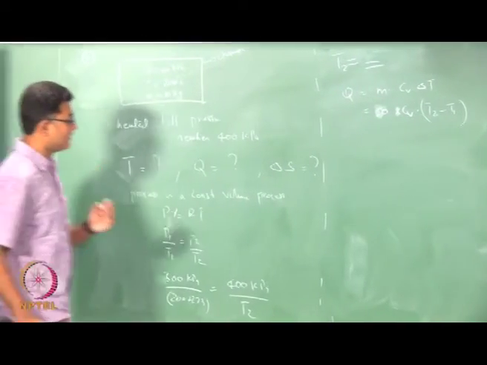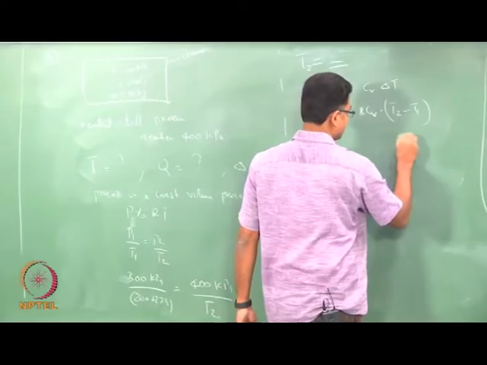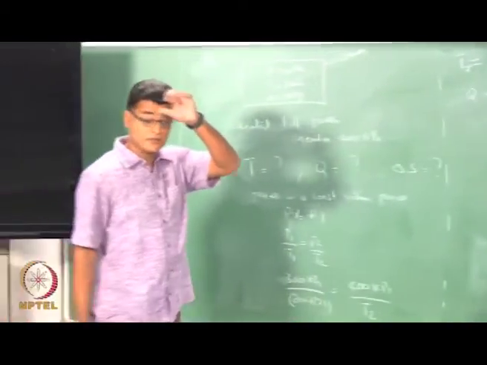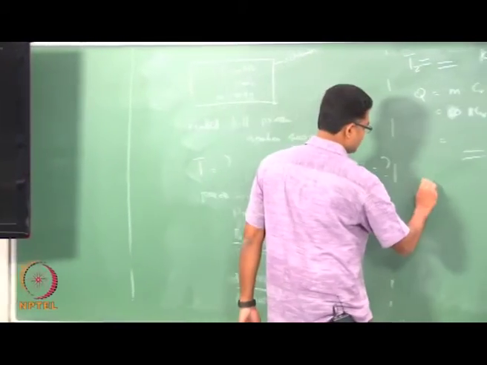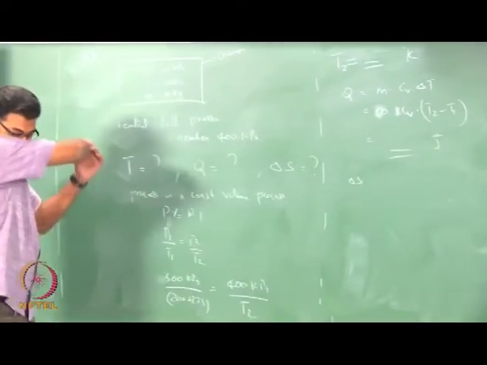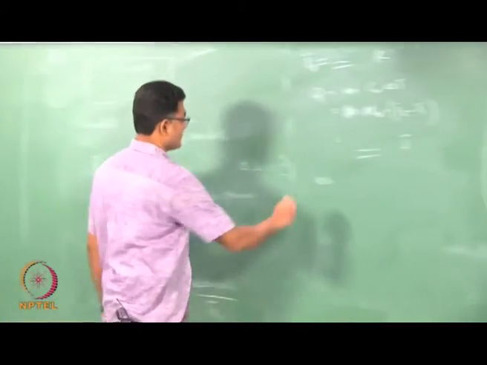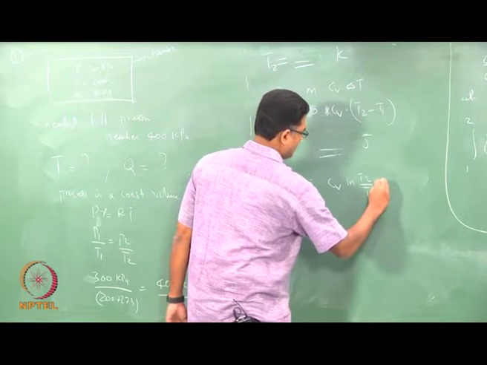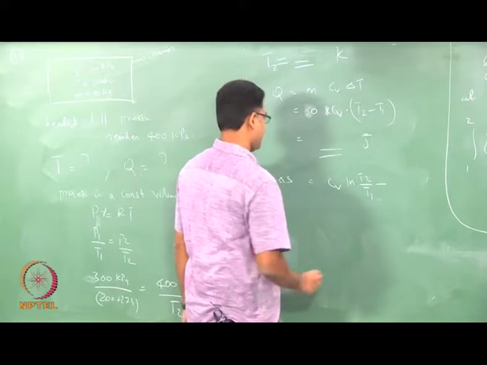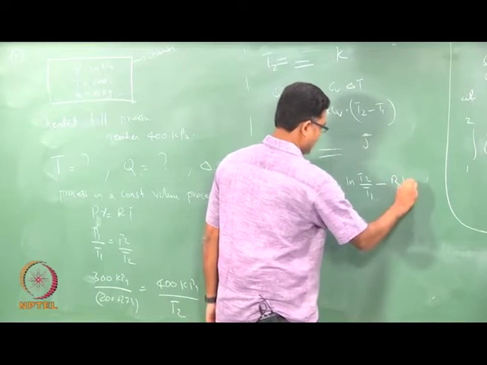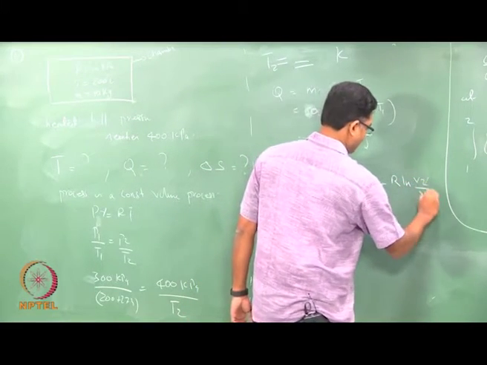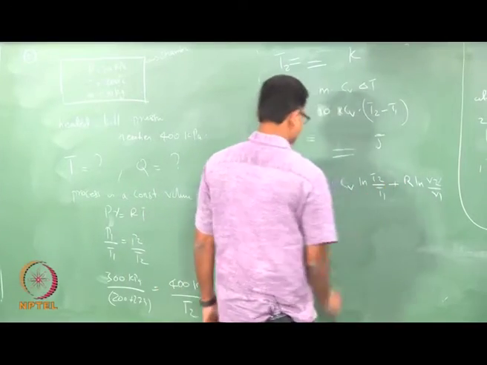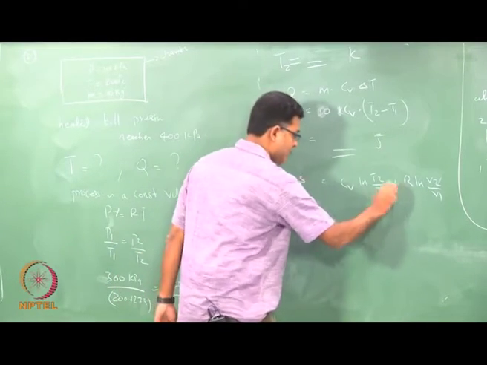So, that should give me the heat that is supplied in joules. This would be in Kelvin. Okay. Now, what about delta S? CV ln T2 by T1 minus R ln V2 by V1. Is this a minus or plus? It is a plus. Okay. That is the specific entropy change.